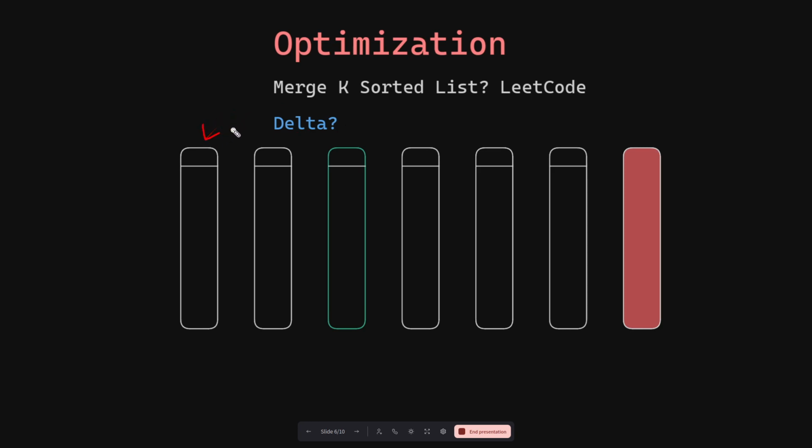And upon doing some research on paper, I figured out that it should work, because you can add this representative in your max heap, but you can say that the comparator for the max heap will say that this particular container is bigger than this container if the element on the top of the container plus the delta for this container is bigger than the element at the top of this container plus the delta for this container. So all I needed to do was figure out how to create custom comparators for the max heap that I was going to use.